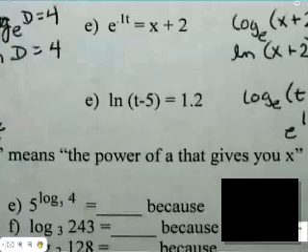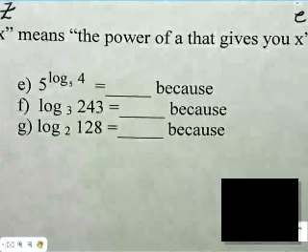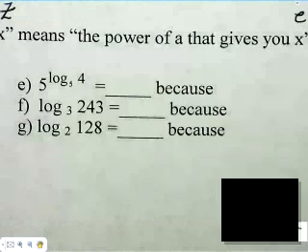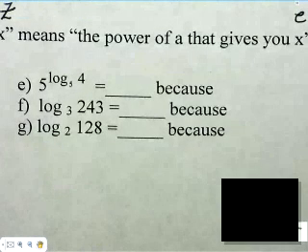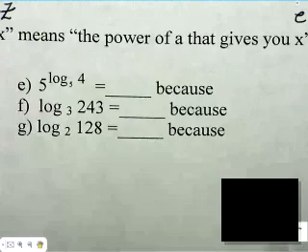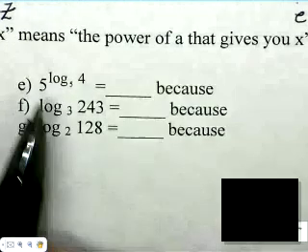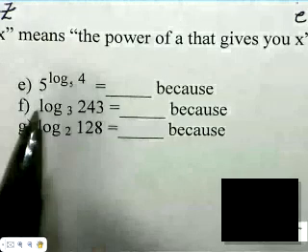All right. What about the E part? 5 to the log base 5 of 4. Log base 5 of 4 means the exponent of 5 that gives me 4.